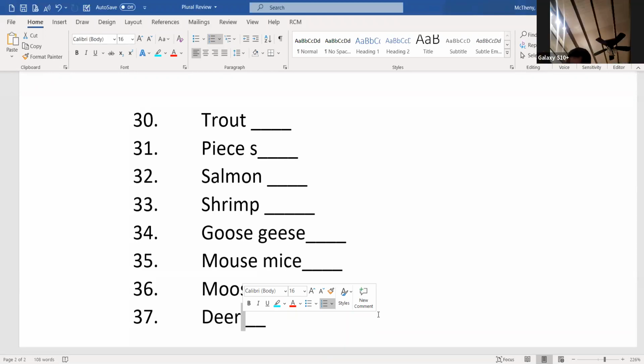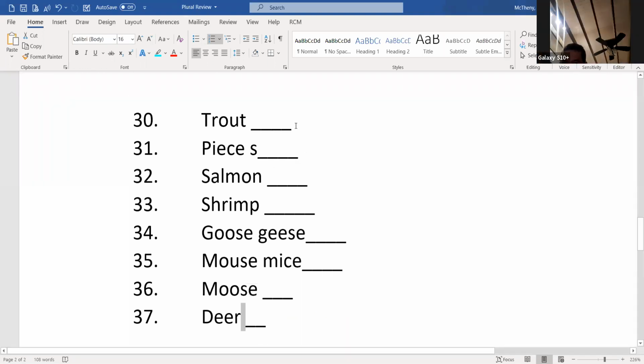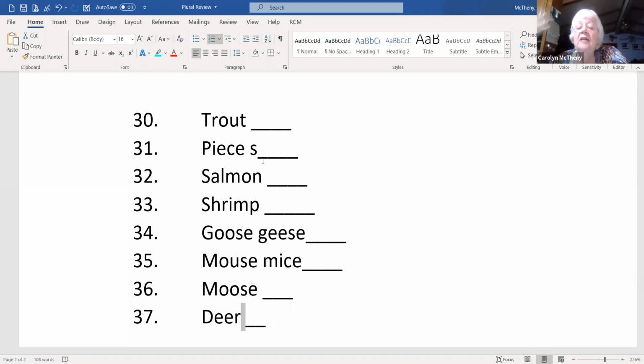Okay, so there are some words that just stay the same whether they're singular or plural. There are some that we just add S, some we add ES, and some we add EN. We went over a lot of plurals last week. We went over plurals this week. It sounds like we're going to need to go over plurals again.